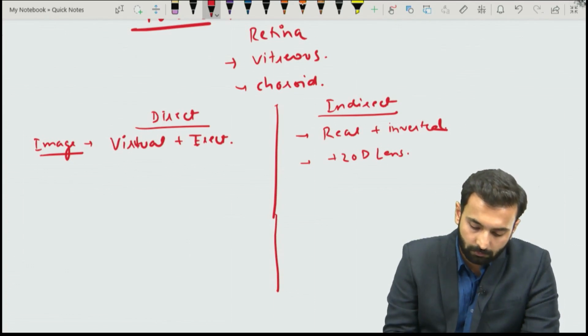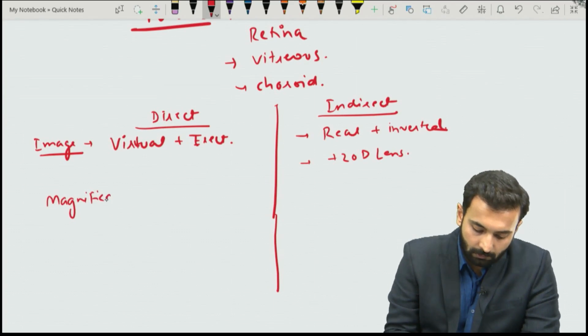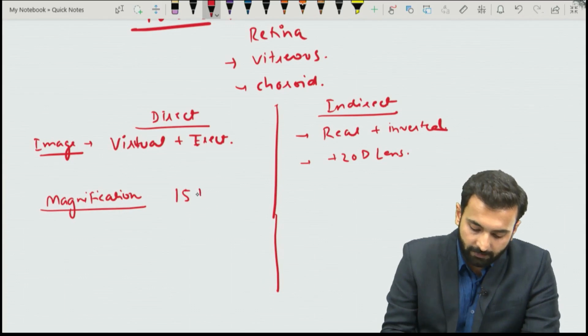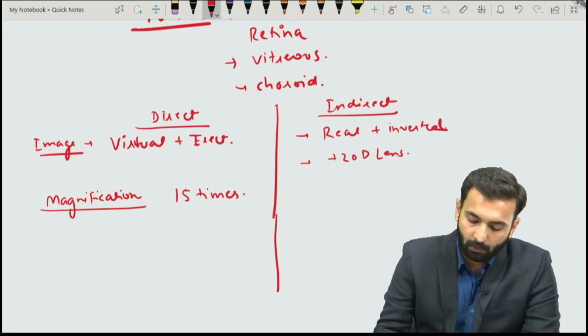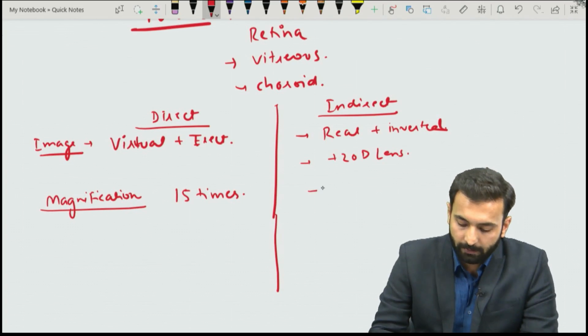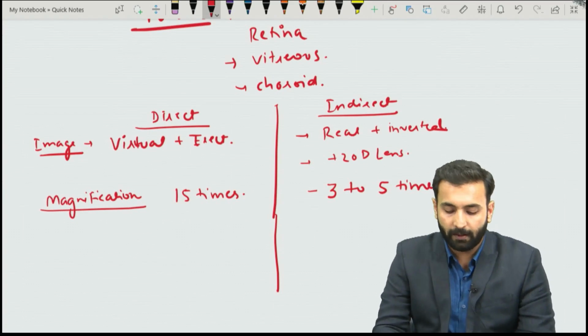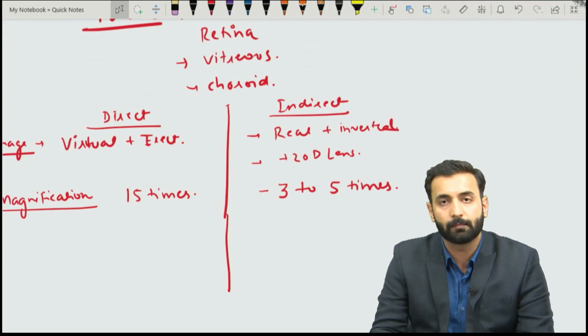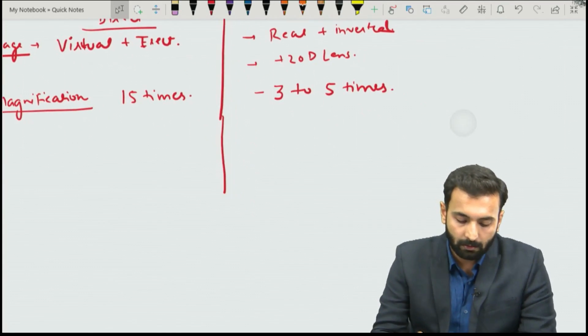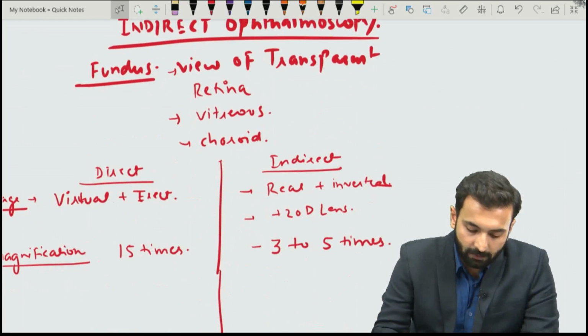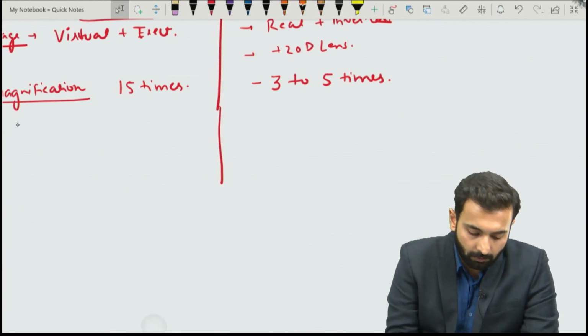Now coming to magnification. The image produced in direct ophthalmoscopy is 15 times magnified, whereas in indirect ophthalmoscopy it is 3 to 5 times magnified, right? Now let's discuss the area visualized.